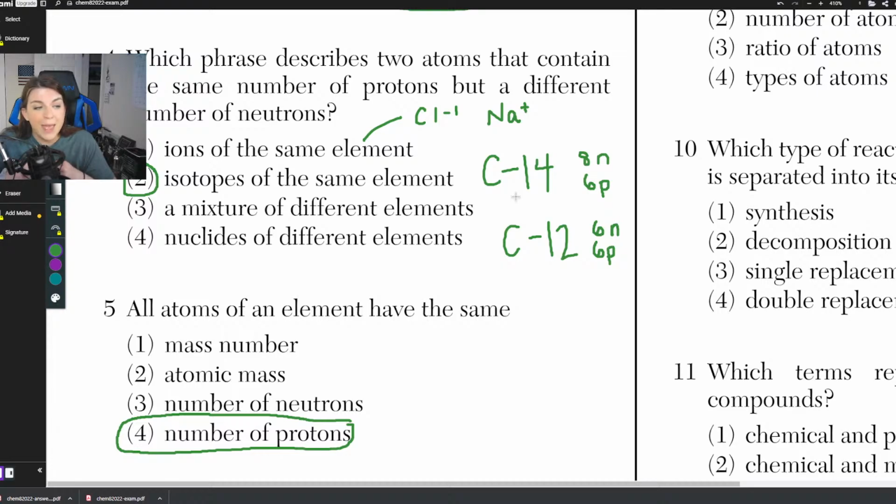Now, the atomic mass is a weird answer choice as well, because if you look at carbon on the periodic table, it has a mass of 12.011, and that mass is like a hypothetical mass, right? It's the average of all of the carbons in the whole universe. If you were to pluck just one of them, you would get carbon 12, or maybe carbon 13, or maybe carbon 14.